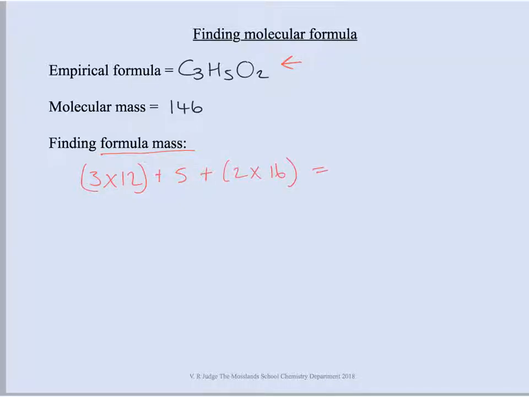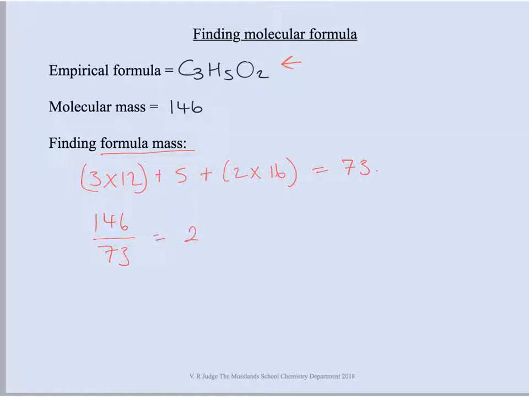And if you calculate that, it comes out at weighing 73. So now you just need to know how many lots of the empirical formula are in the compound that weighs 146. So 146 is the molecular mass, divided by the empirical mass, 73, you get an answer of 2.